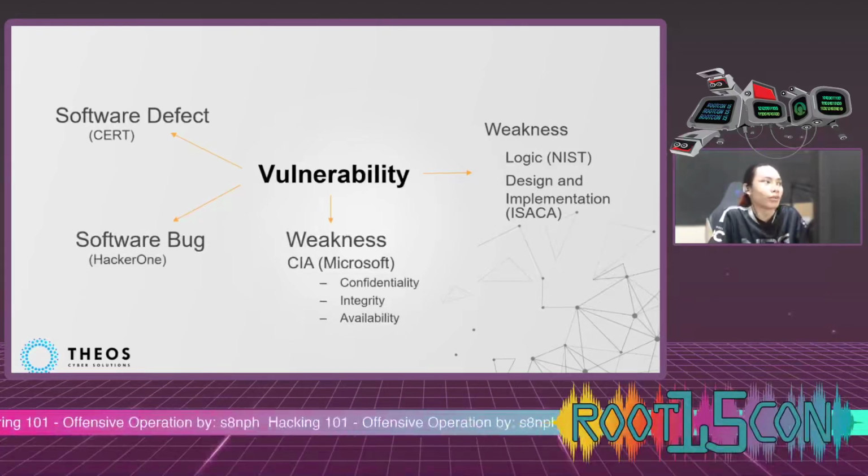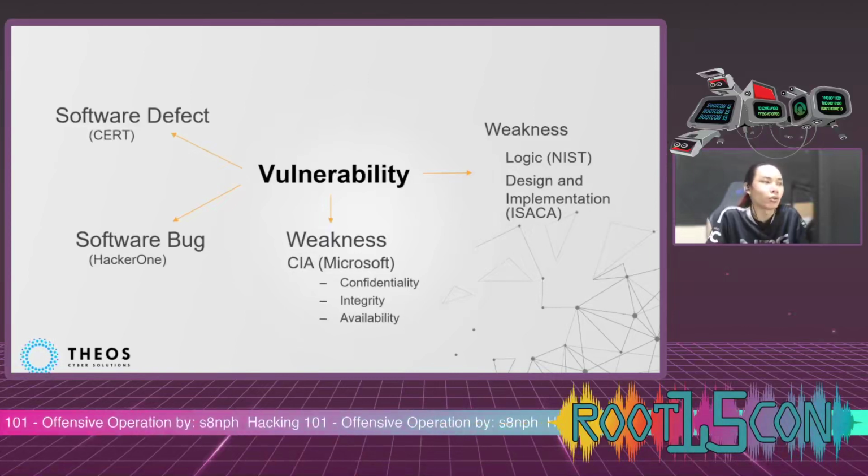As per the Computer Emergency Response Team, it's regarded as a software defect. As per the bug bounty platform HackerOne, it's a software bug. As for Microsoft, it's a weakness in the CIA of the application or the system, which means confidentiality, integrity, and availability.